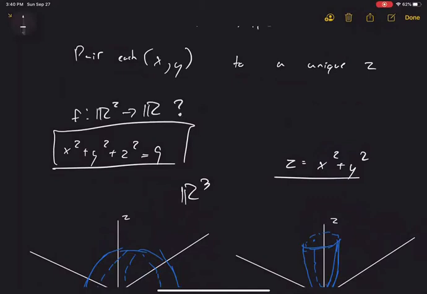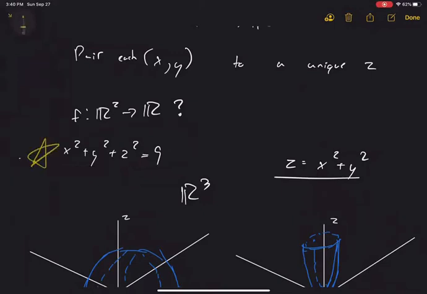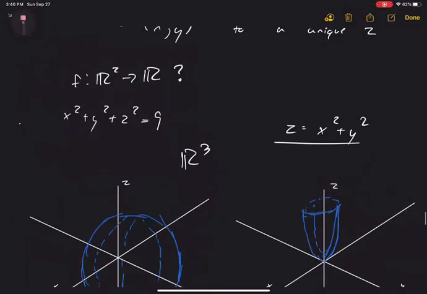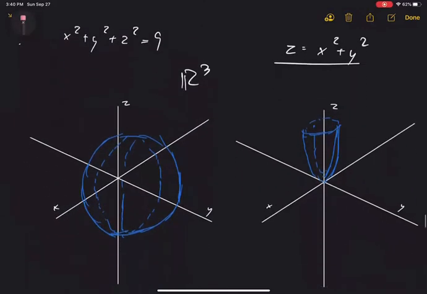Let's try a vertical line test. So what I do is I graph my equation, using my 12.6 material. I know how to graph this. It's a sphere with radius 3. So that's what I've drawn on the left side here.